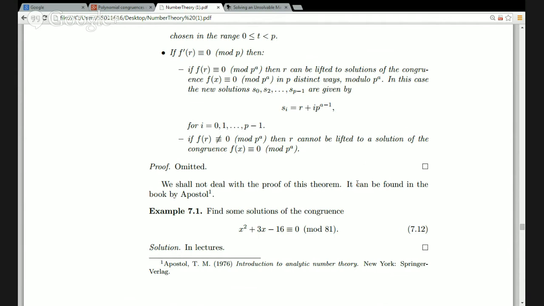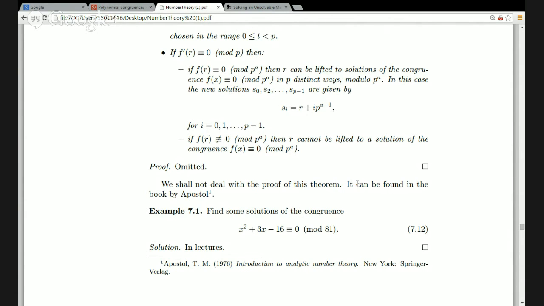Now f simplifies quite a bit modulo 3. So I'll reserve f. f of x will always refer to x squared plus 3x minus 16. But when you consider it modulo 3, f of x, see, I'm not doing equals there, I'm doing congruent. What does f of x congruent to modulo 3? It simplifies quite a lot.